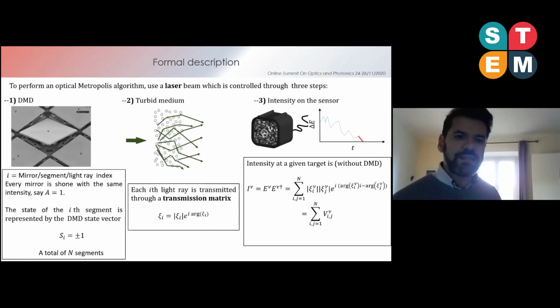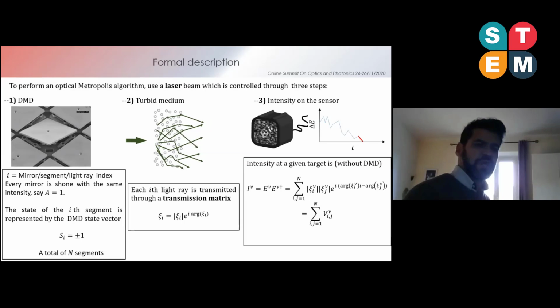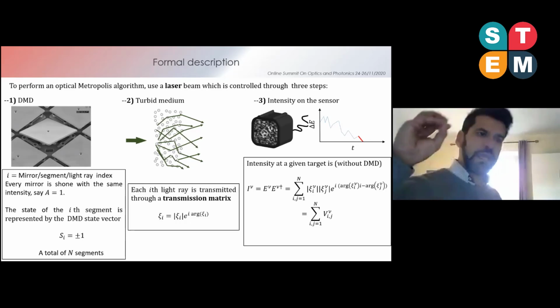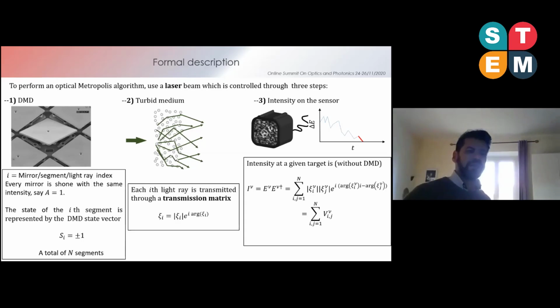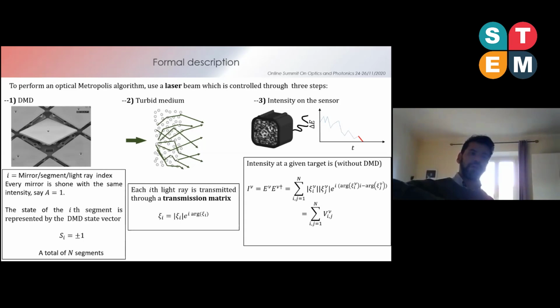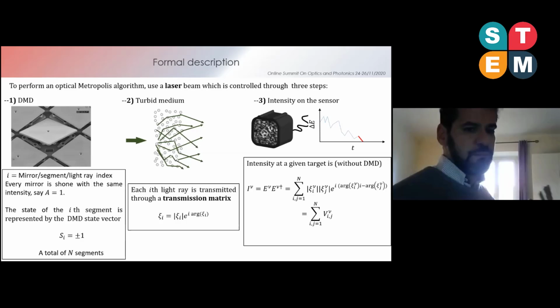So why is this equivalent to performing a spin glass simulation? This is because you can index your light rays with the S vector, and so each light ray represents a spin, and the state of the spin is equivalent to the state of the DMD.